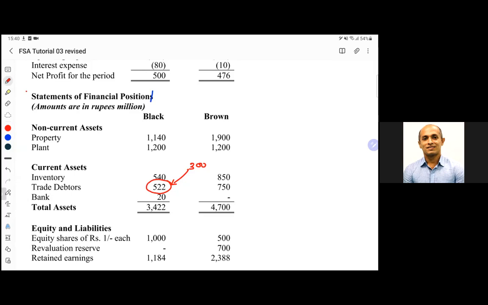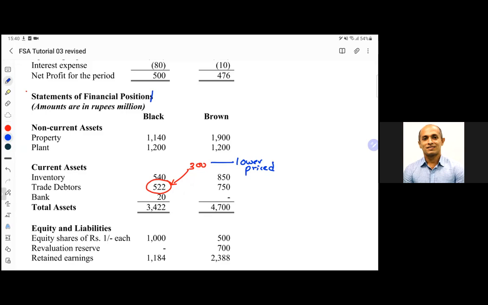Now you see, this 300 million sale is valued at a lower price. Your trade debtors are not at the usual transaction price.